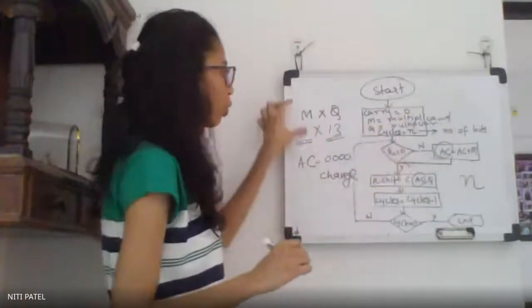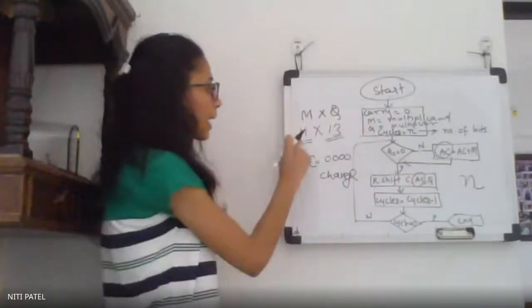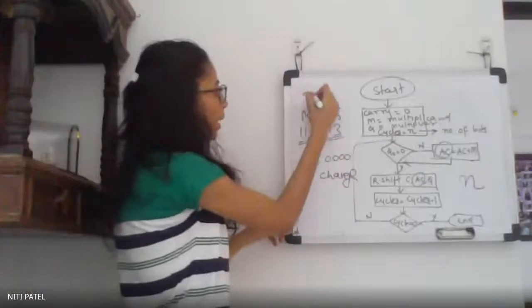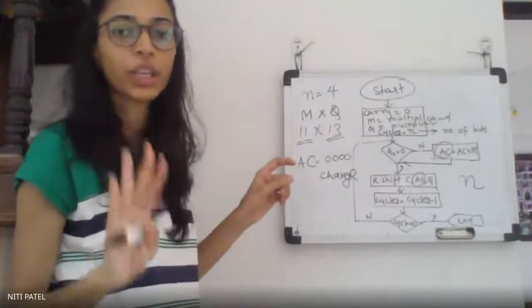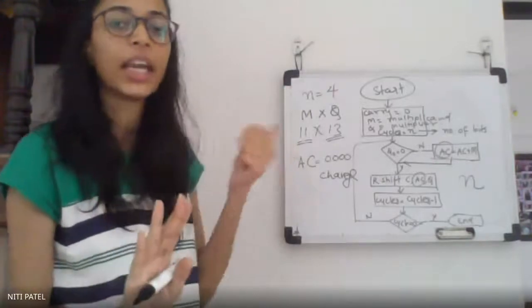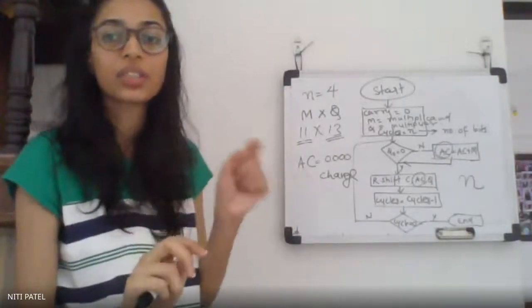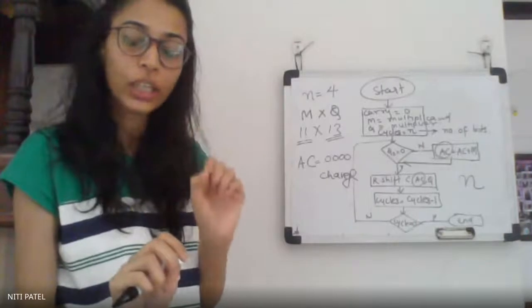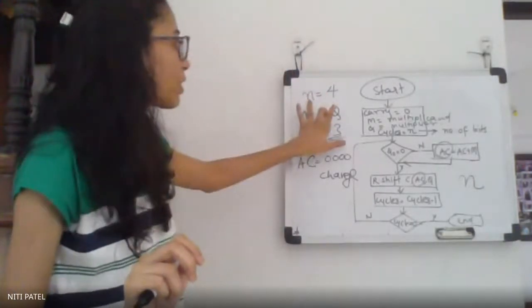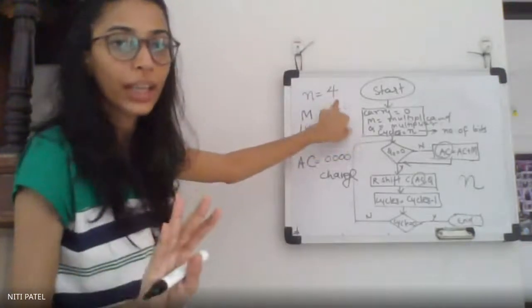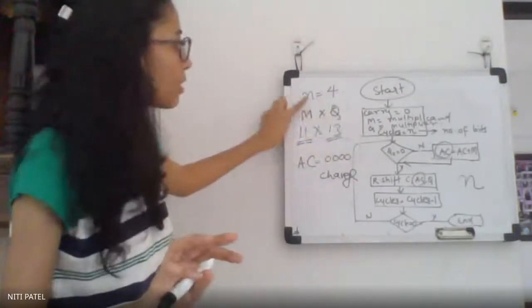If I tell you in the question to multiply 11 into 13 with n equal to 4, n equal to 4 means 4 bits. The size of the register will be 4 bits. In addition, we had seen that the size of the register was 8 bits, so we wanted the result also in 8 bits. Similarly here, the register size is 4 bits, and that register size is denoted as n.